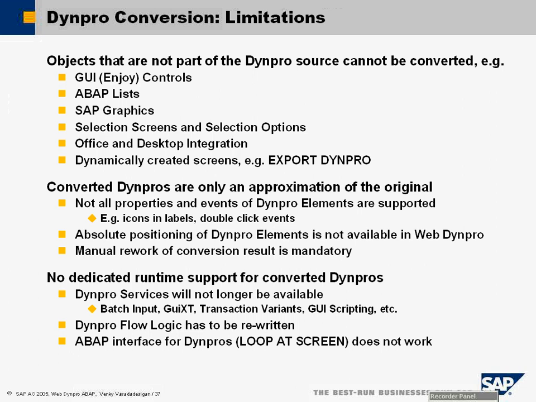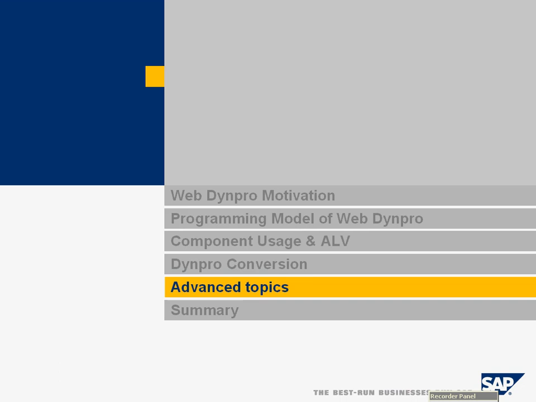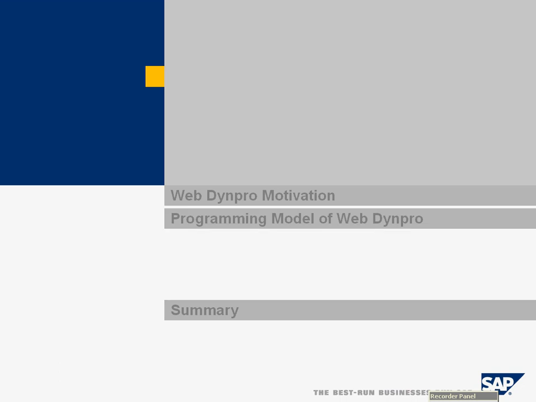So there are quite a few limitations. So you have to pay attention to it. And of course, it may not be 100%. There may not be a one-to-one correspondence. You cannot expect the same positioning in these results. Okay, so you may have to fix it a little bit if you want to get the same look and feel. For example, if you have an icon on the label, the icon may not be available in the Web Dynpro model.